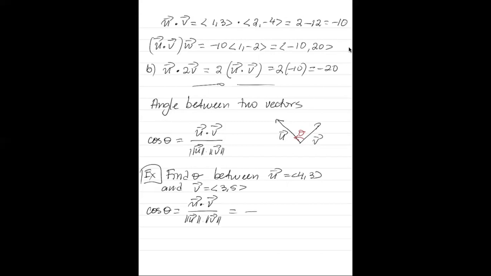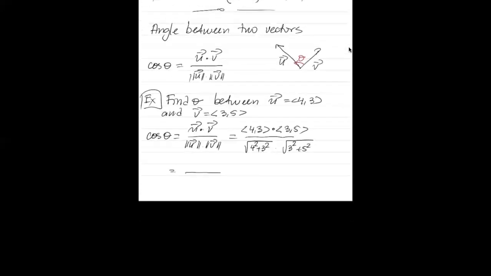So we have 4, 3 dot product with 3, 5, over the magnitude of u, which is the square root of 4 squared plus 3 squared, times the magnitude of v, the square root of 3 squared plus 5 squared.